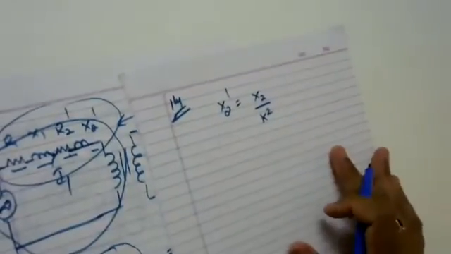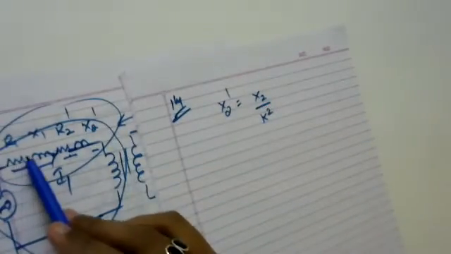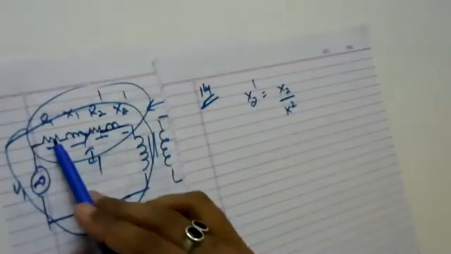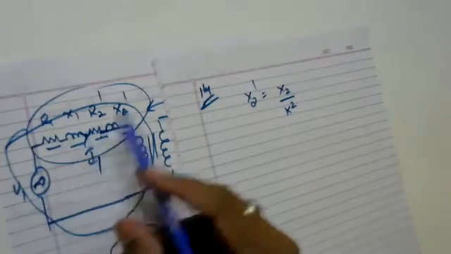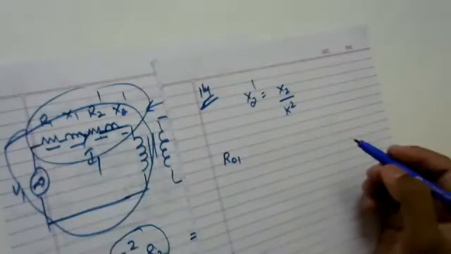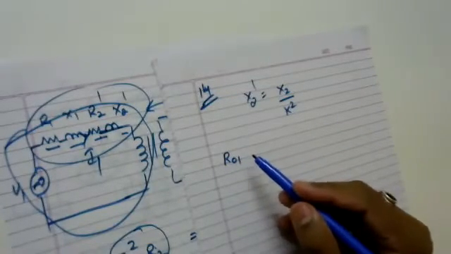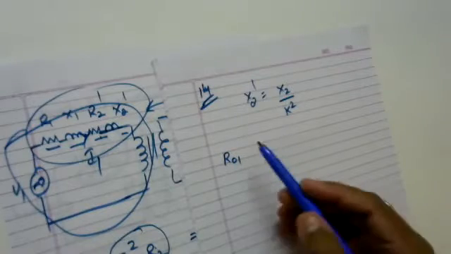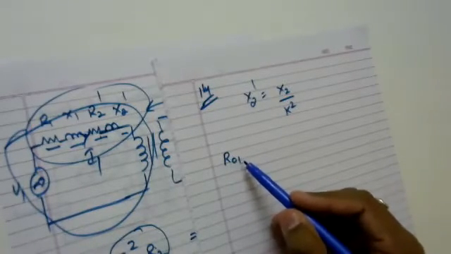Now if you see this circuit, you have two resistors in series. One is R1, one more is R2 dash. Then what will be its equivalent resistance? The equivalent resistance is given by R01. What is R01? R01 is defined as the total effective resistance as seen on primary.